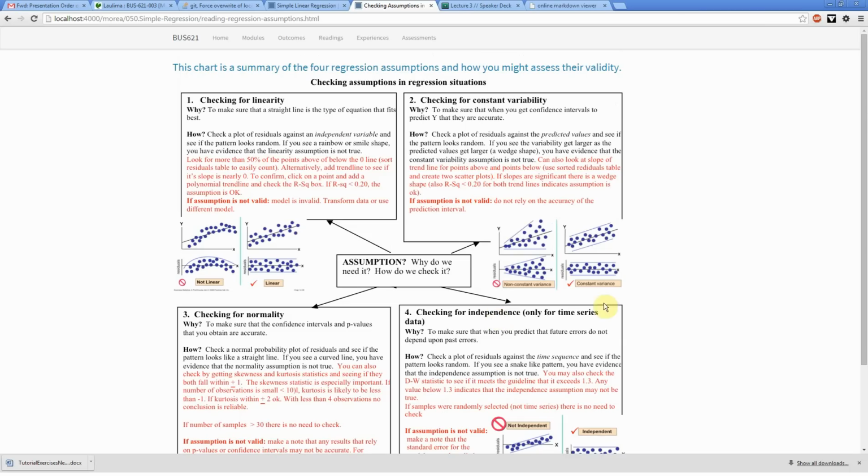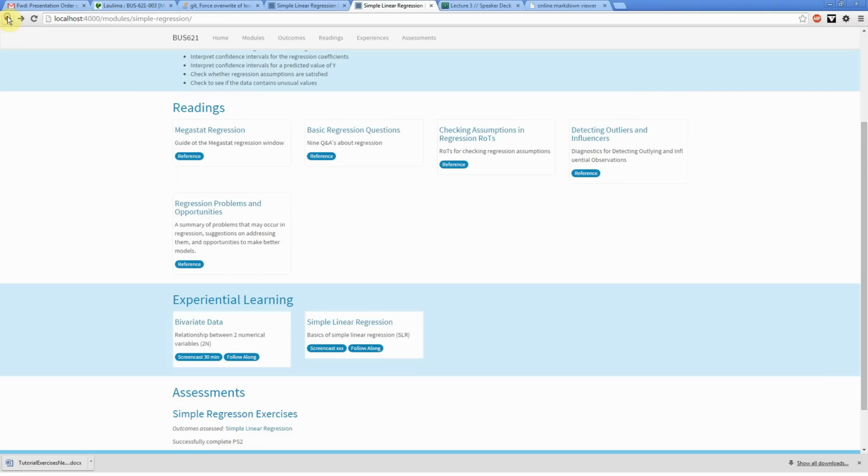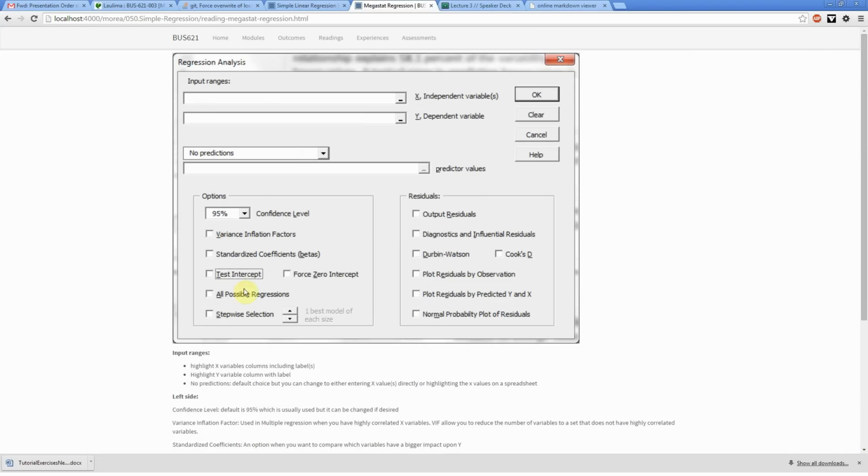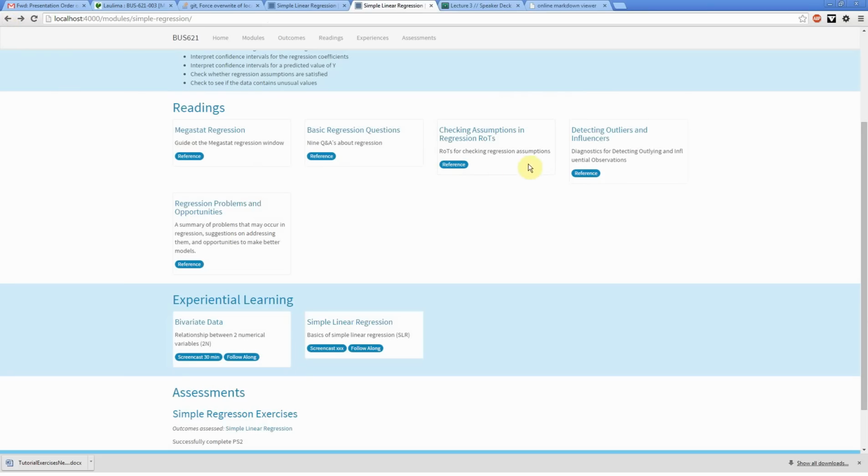So even though I'm going to go over some of the details now, this is a quick reference for that. By the way, there's also a guide to the Megastat regression analysis, and another couple of things, regression questions and outliers and opportunities, which we'll get to in a minute.